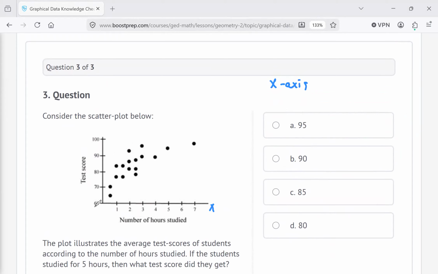On the x-axis, this horizontal line is the number of hours studied. And then on the y-axis, it would be the test scores.